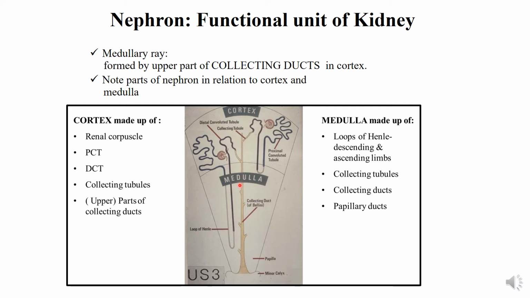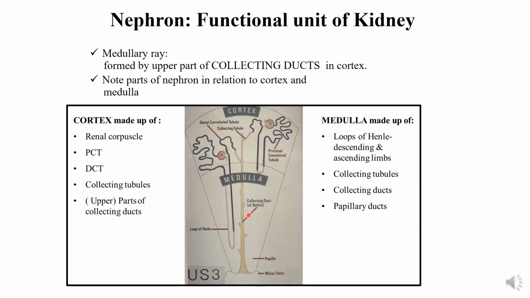In the medulla, we find the descending and ascending limbs of the loop of Henle, the collecting tubules and the collecting ducts, and these collecting ducts will drain into the papillary duct, which will drain into the minor calyx.